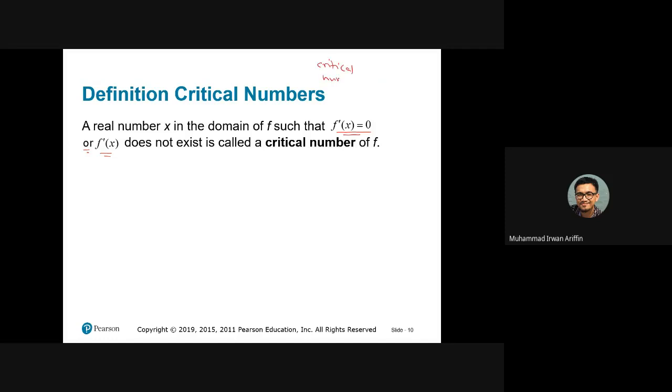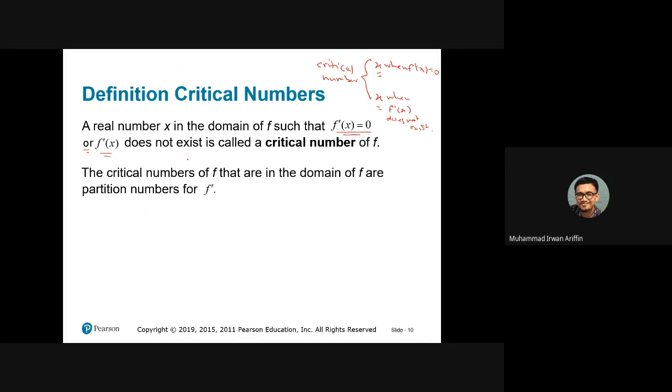So there are two types of critical numbers: x when f prime of x equals 0, or x when f prime of x does not exist. These two types of x are what we term the critical numbers.